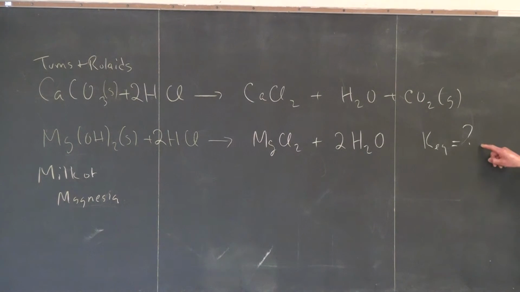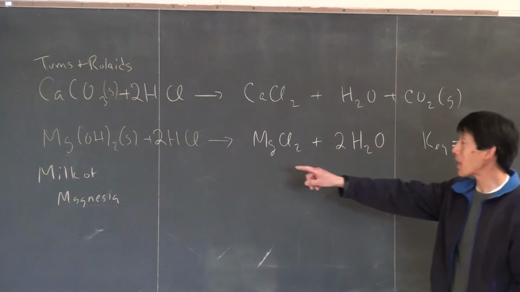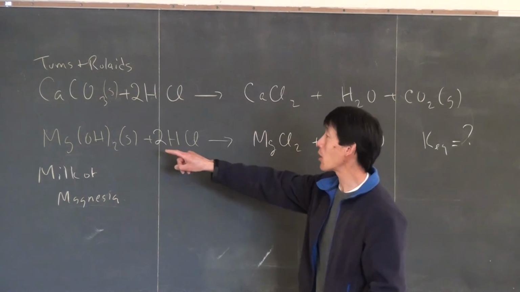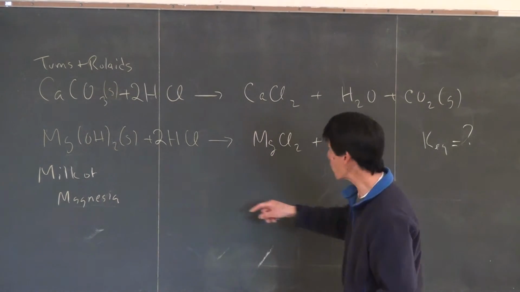So for this reaction, is K going to be greater than 1.5 times 10 to the minus 11? That is greater than Ksp? Yes. It should be. You think this should be greater than 1? In other words, there's going to be more products than reactants. Yes. It should be, because you said that the HCl should dissolve the magnesium hydroxide, so this should be greater than 1.